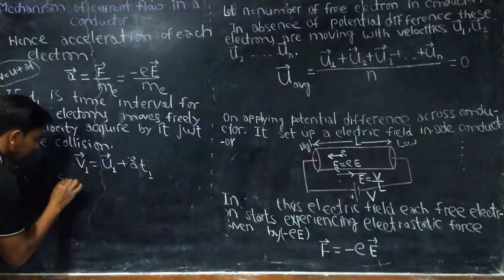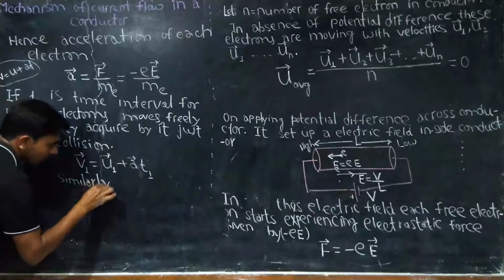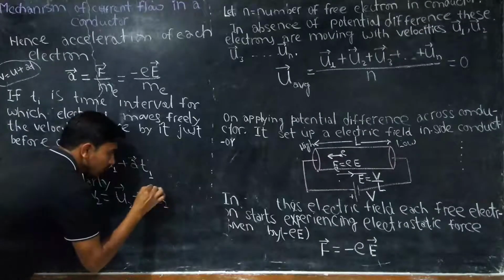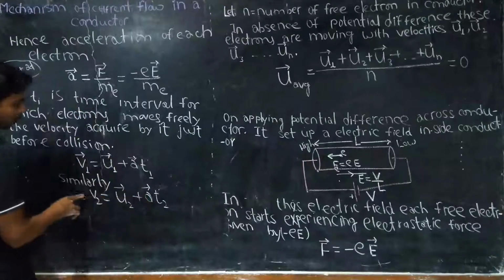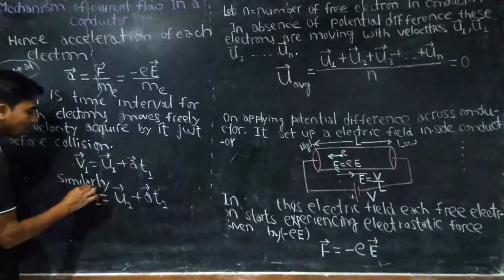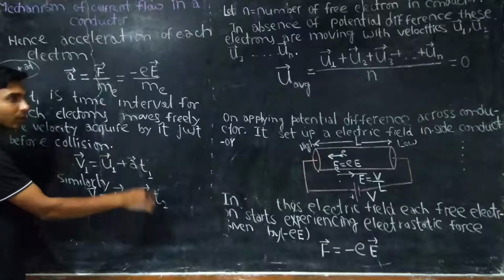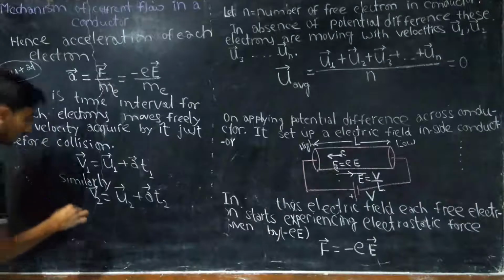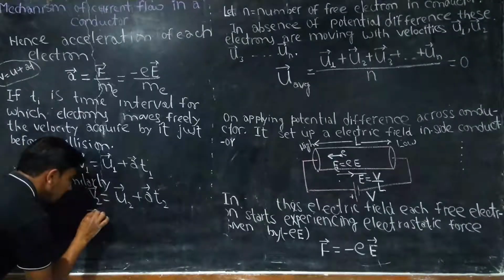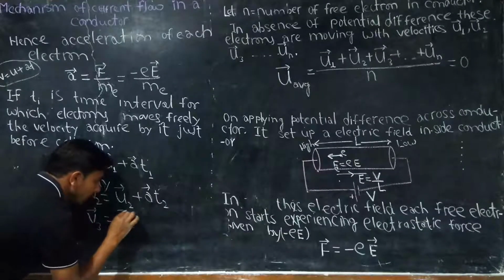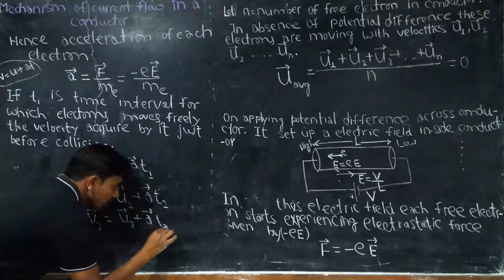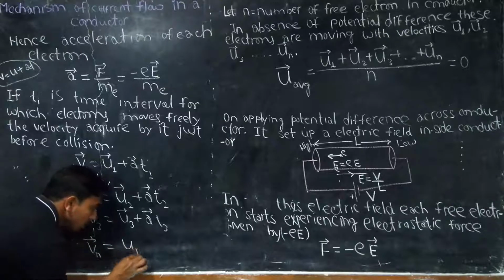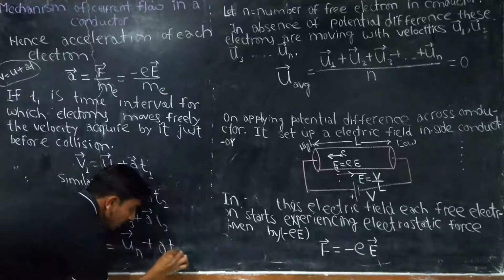Similarly we can write for the others: v2 equals u2 plus a into t2, because the second electron has collision time interval t2, while the first one has t1. Similarly for the third electron, u3 and t3, and so on up to vn equals un plus a into tn.